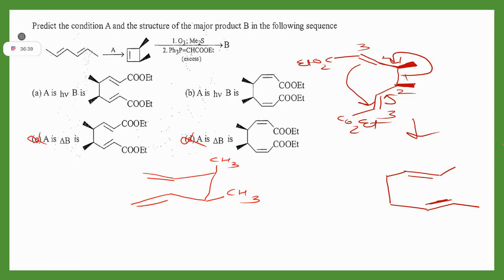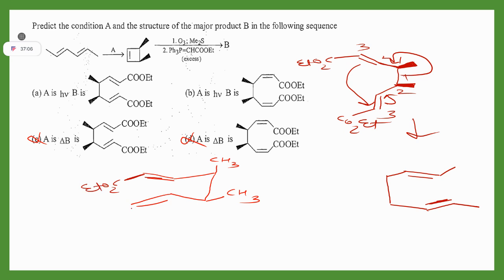Why? Because I have told you this is Wittig with a stabilized ylide, so it will be E. So one of your axial and equatorial bonds of the cyclohexane is here and one is here. If you draw it on the axial side, it will be Z, but we have to draw its E form, right? So it will be this.